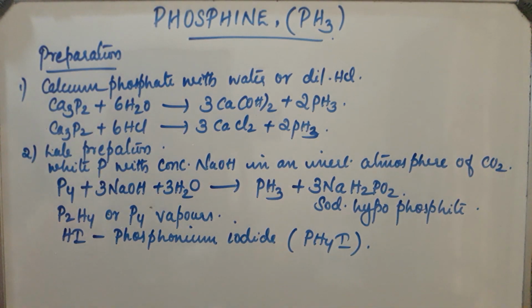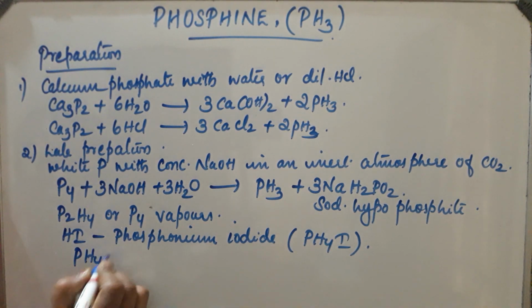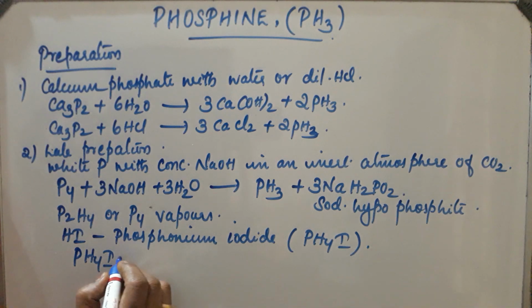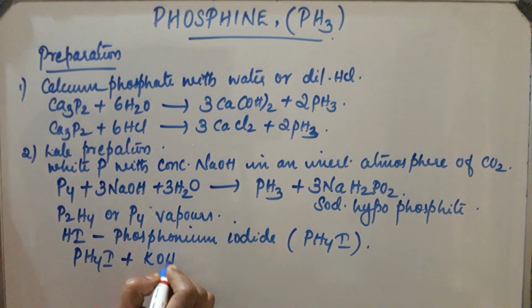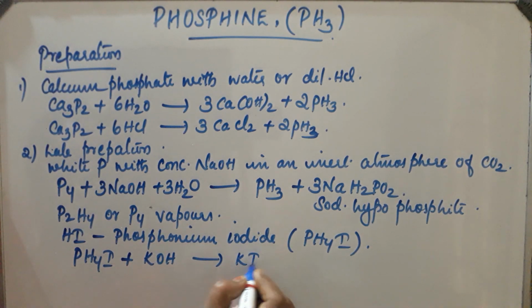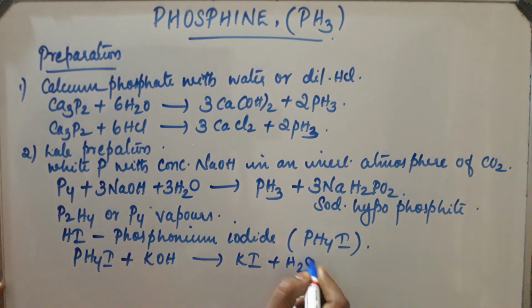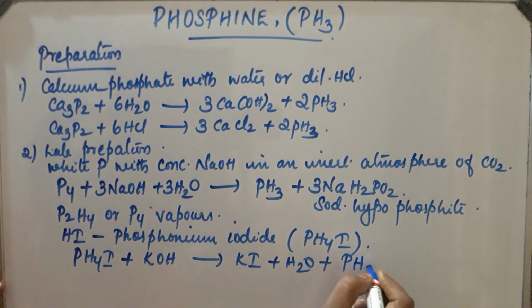This phosphonium iodide, on treating with potassium hydroxide, gives potassium iodide, H2O, and pure phosphine.